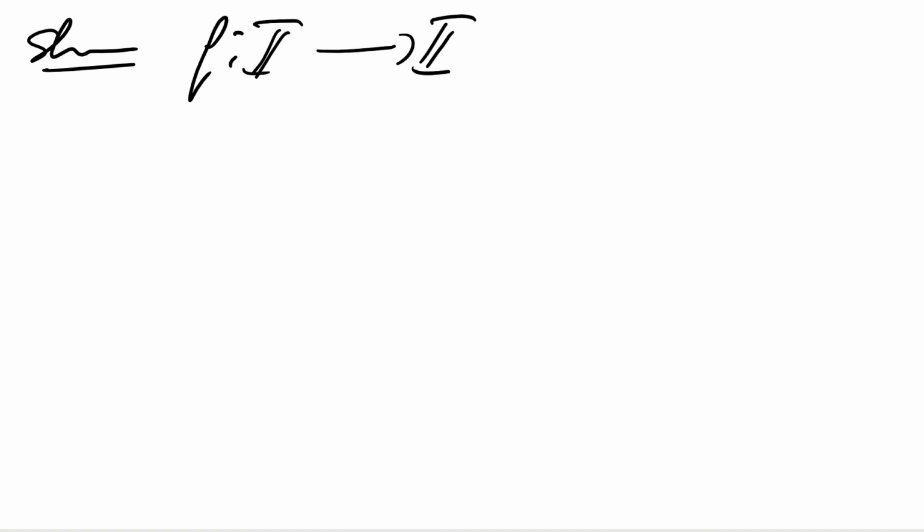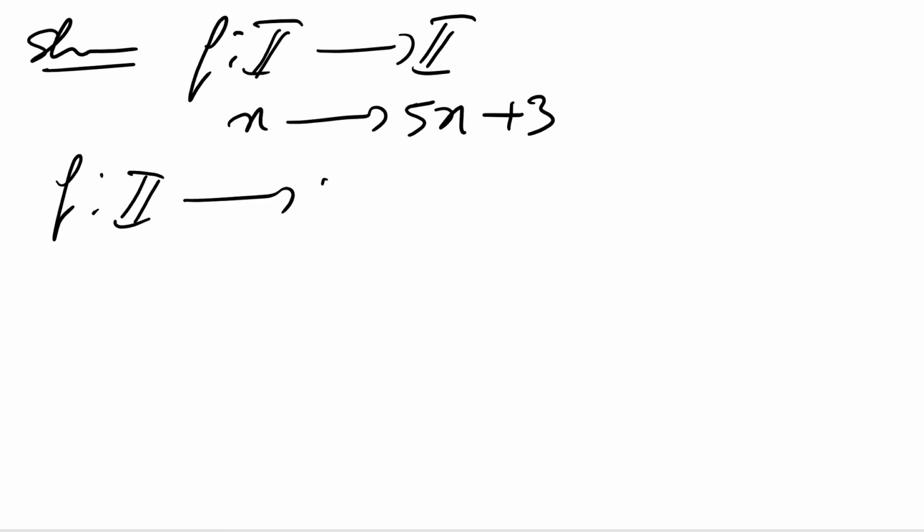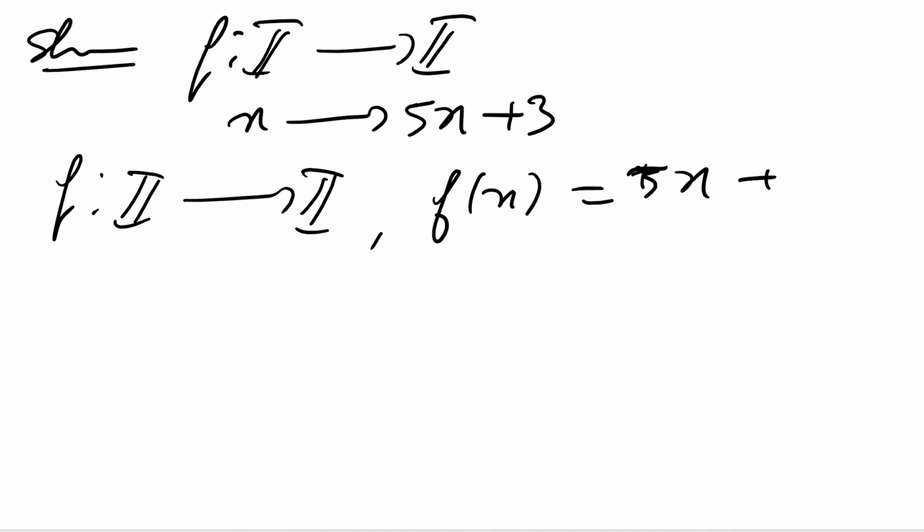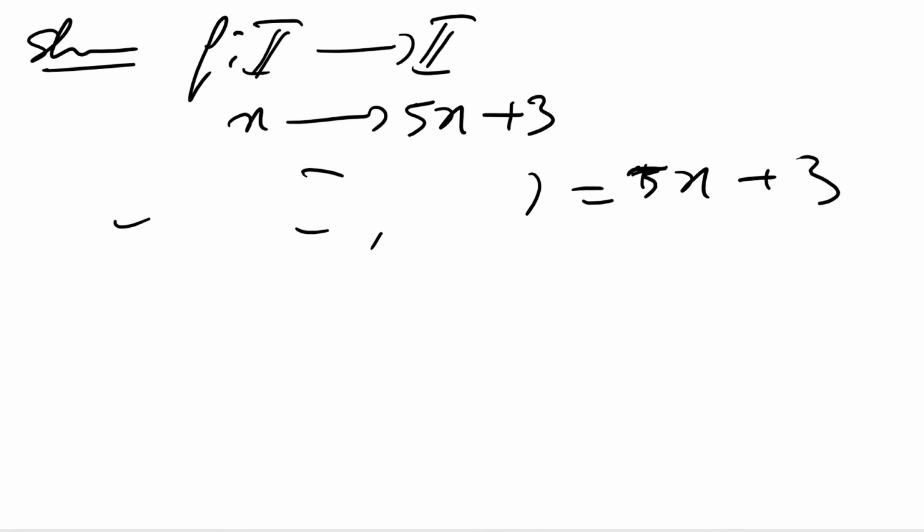If I ask you to show that f from the domain to the codomain, f of x equals 5x plus 3. Sometimes you're going to say f from the domain to the codomain, f of x equal to 5x plus 3. You can see stuff like this. I'm just using different notation so you can see. It's the same thing as what I wrote down out there.